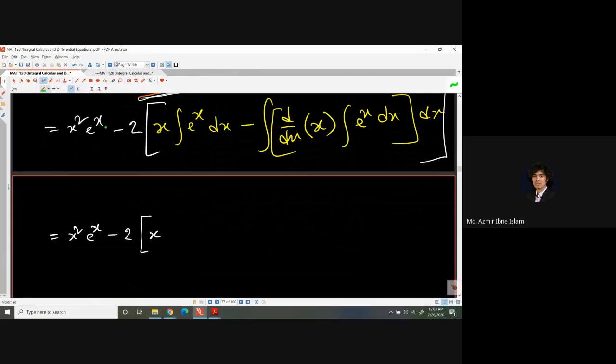Again you can see that the integration of e to the power x dx is e to the power x. Now we have negative, and there is an integral sign here, the differentiation of x in terms of x, that is actually 1, and the integration of e to the power x is giving us e to the power x. We have dx here and there is a square bracket.